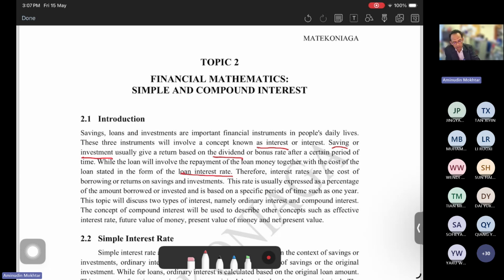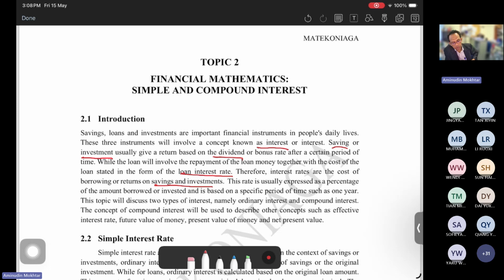Therefore, we can consider the interest rate as a cost of borrowing or for loan, or return for saving and investment. And this interest rate is normally expressed as a percentage of the amount borrowed or invested based on the specific period of time, normally for 1 year.